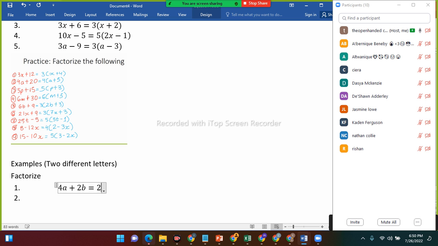So if we take out 2, we are left with what? What times 2 gives me 4? 2. Very good. So 2a, because we're trying to get back to 4a. And then what can we multiply to get back 2?